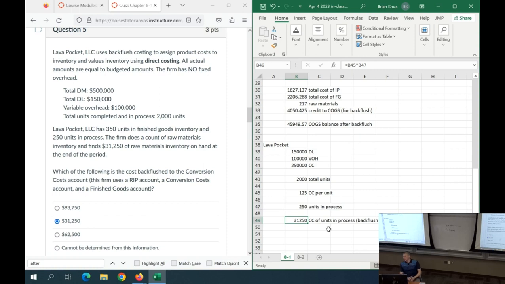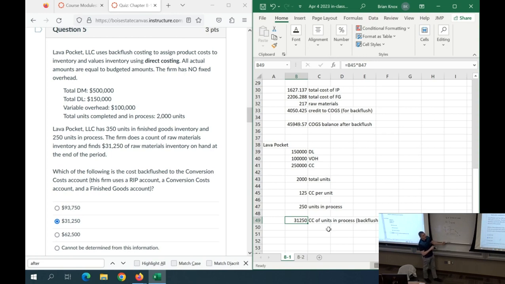Just roughly. Yeah. So with the last problem, this is the easiest way for me to think of it in my mind. We're teasing out different parts of the entry. With the last problem, really we were looking for the credit to COGS. So we just needed total amounts. What total were we debiting? Because that's what that has to equal, so it will balance. In this problem, we're just looking for the debit to conversion costs here.